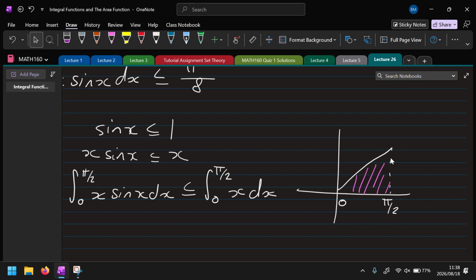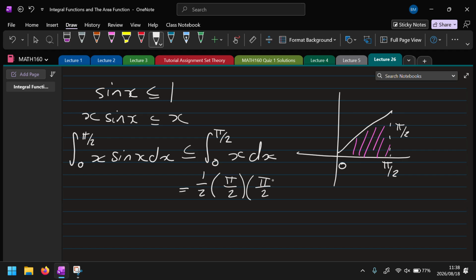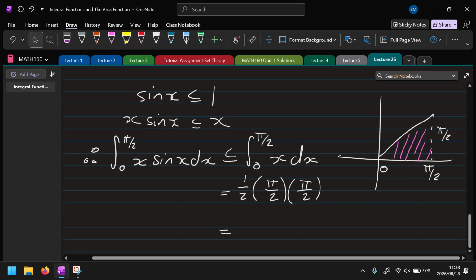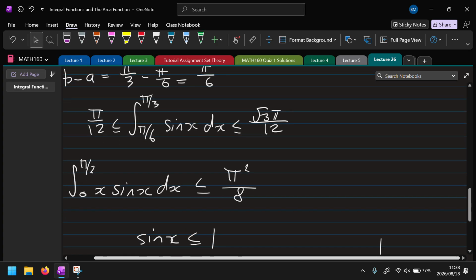The function is x. It takes x, gives you x, pi over 2. Good. Okay, so this is going to be 1/2 the base times the height. That gives us pi squared over 8, which is what we wanted to show here.